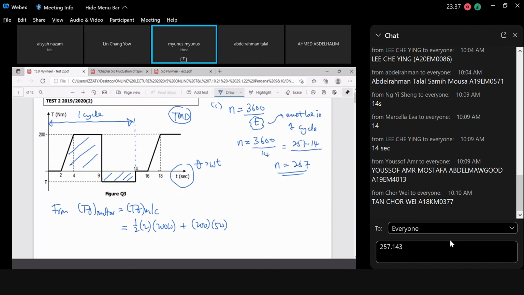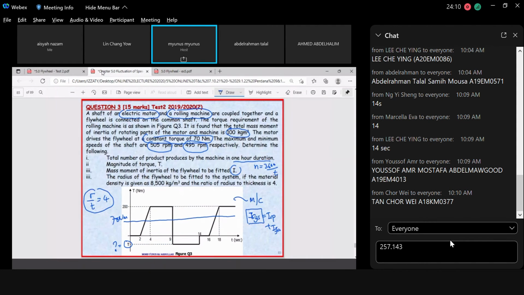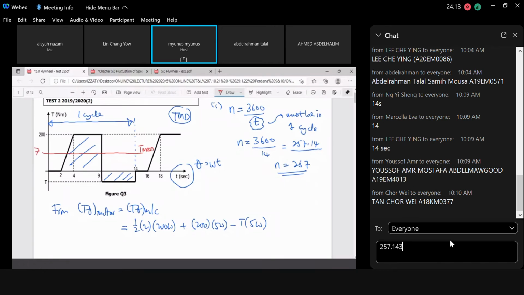Then minus 14 by 9, which is 5, isn't it? So you have t multiplied by 5 omega, equal to t mean. I am putting t mean as the crossed line. What is the t mean just now? 70, yes, equal to 70. Then you have to work out this one.